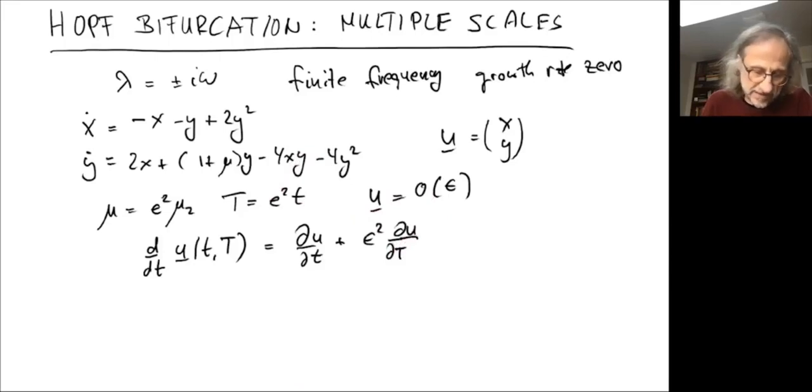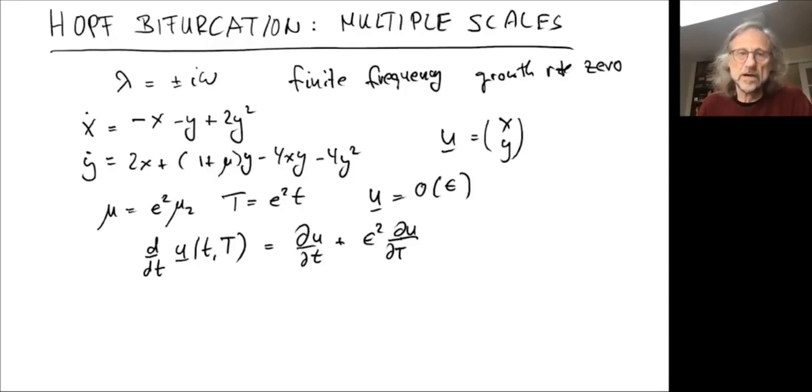Then we expand u, meaning x and y, in epsilon as well, where u is of order epsilon, and then there will be epsilon squared, epsilon cubed terms. We expect some solvability condition to emerge at some order, which we don't know yet.